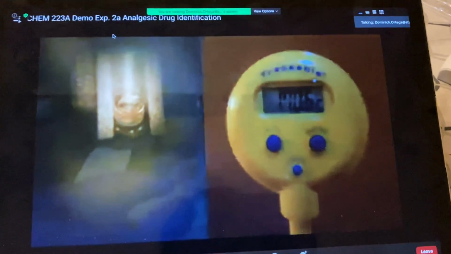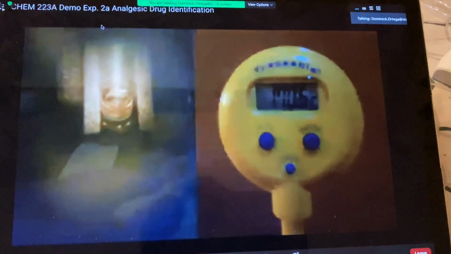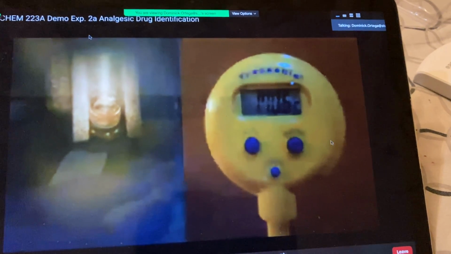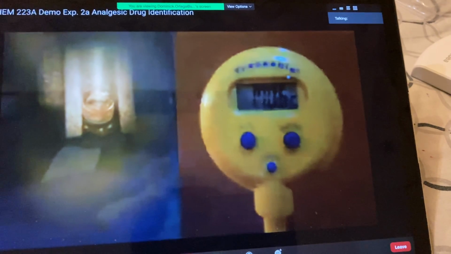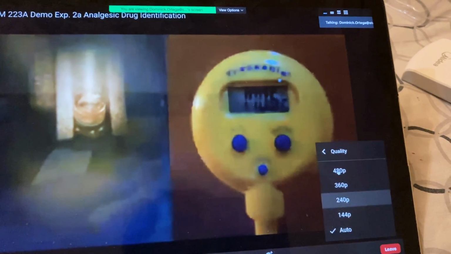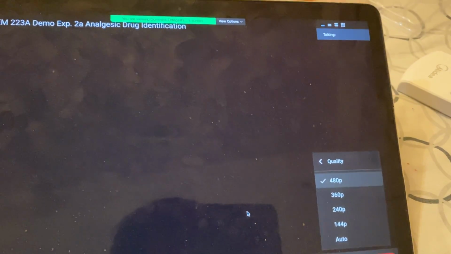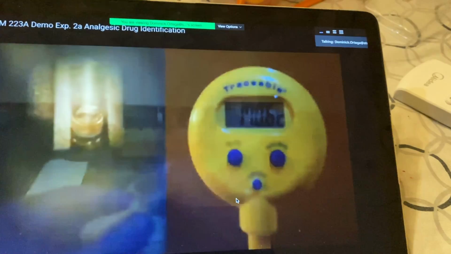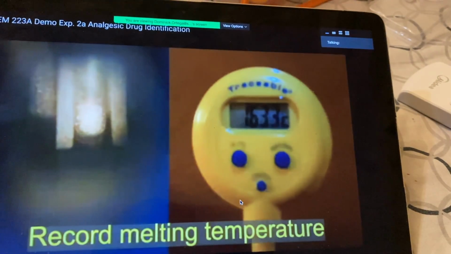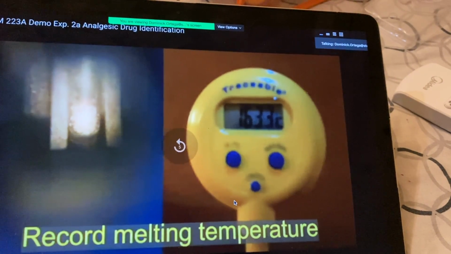We don't get repeats in a lab, but at least it's not blurry resolution in the lab. I know. Yeah, unfortunately, we got 480, which I don't think is much better. Oh, it's actually a little bit better. There you go.